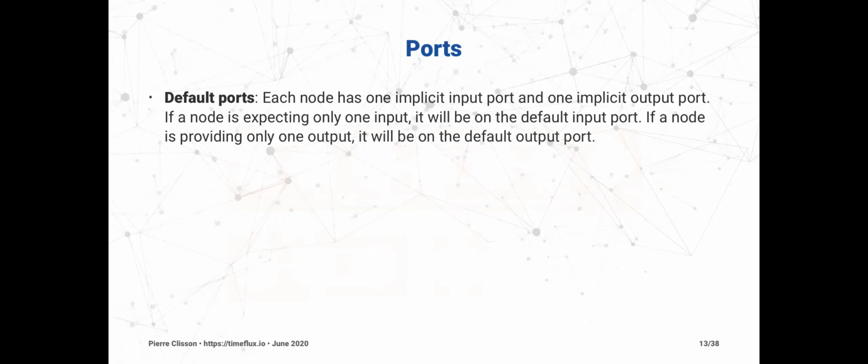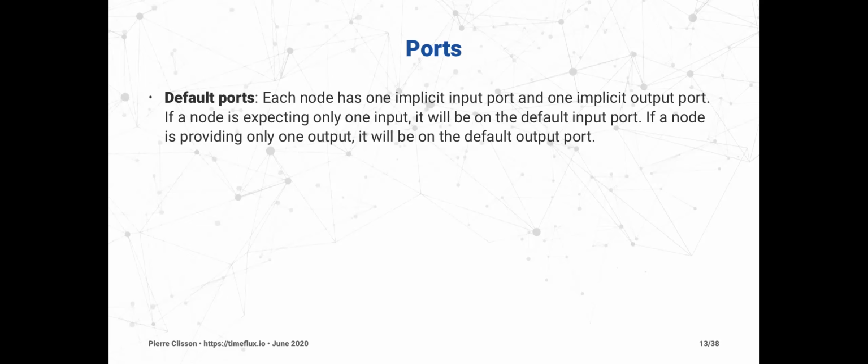Just one last bit of theory. It's about ports. We have different kinds of ports in Timeflux. The basic Timeflux port is the default port. Each node has one implicit input and one implicit output. There will always be one input and one output, even if you don't use it.